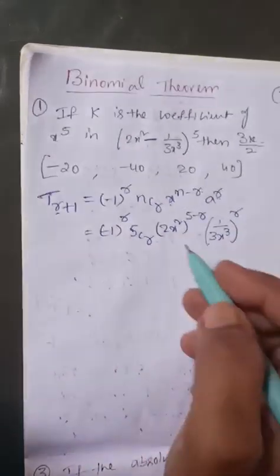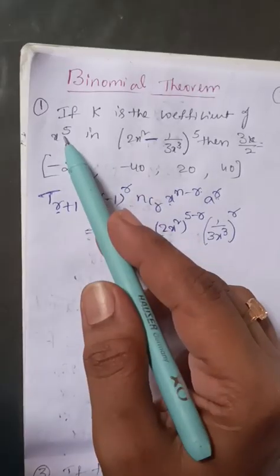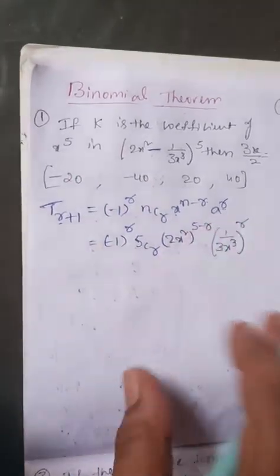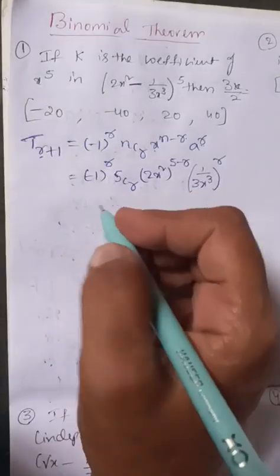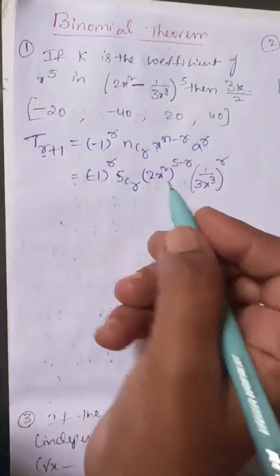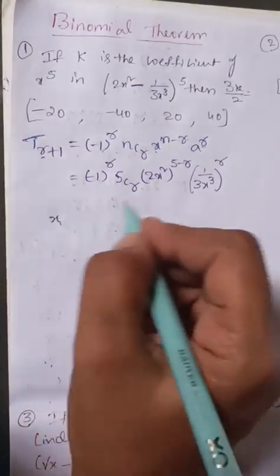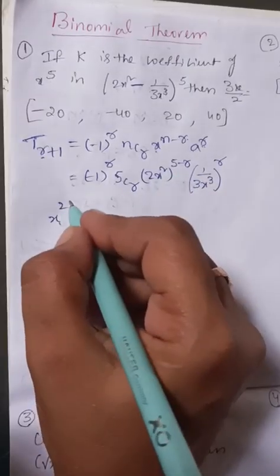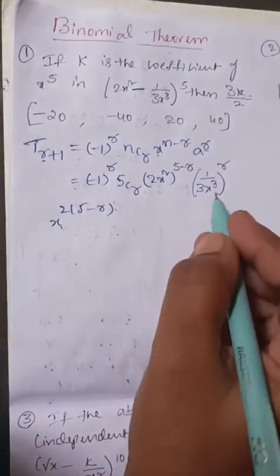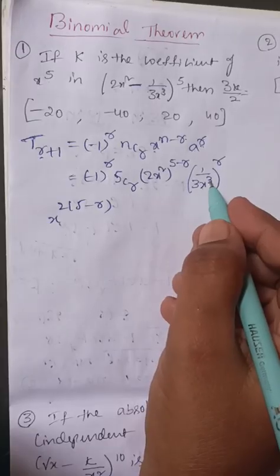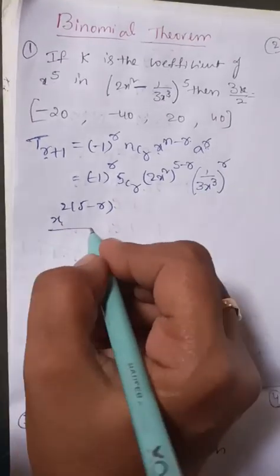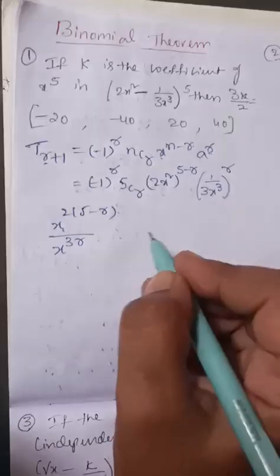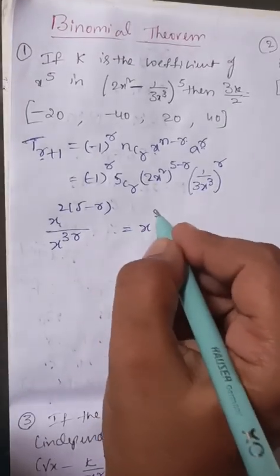So here to find the coefficient of x power 5, just take the x terms, only x terms. So here x terms are x^(2(5−r)), and denominator (x³)^r, so x^(3r), which is equal to x power 5.